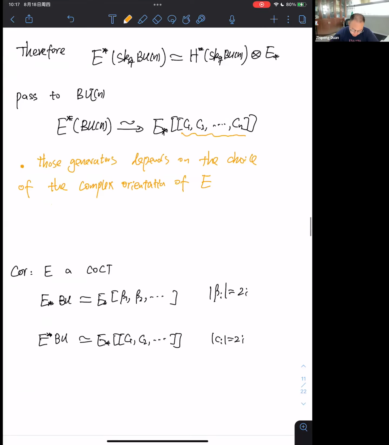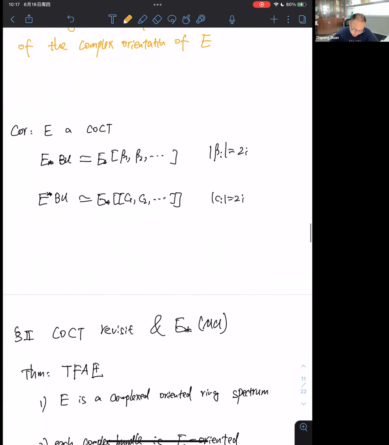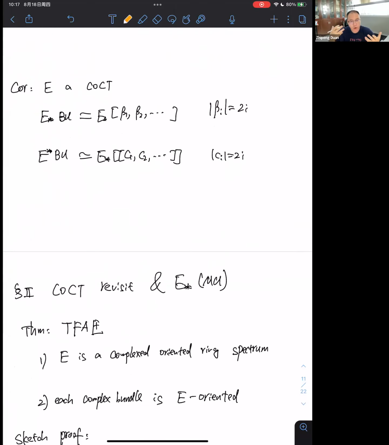Okay, so as a corollary, if E is a complex oriented cohomology theory, then the E homology of BU is isomorphic to E star on those generators beta 1, beta 2, and so on, infinitely many generators, where the degree of beta i is 2i.